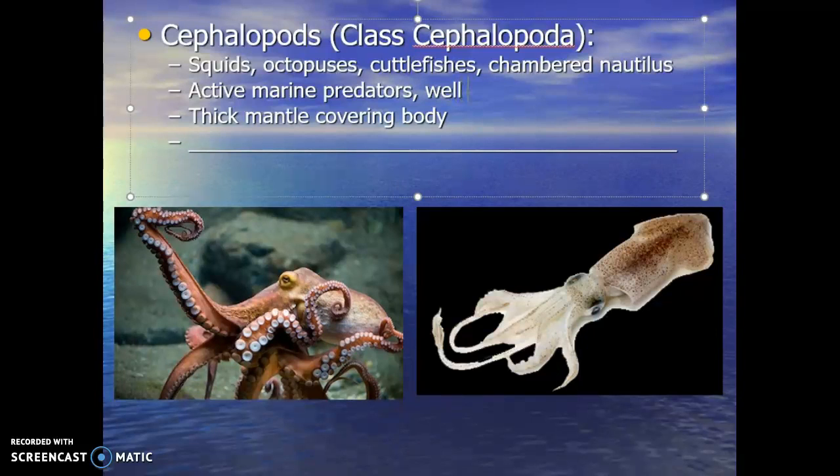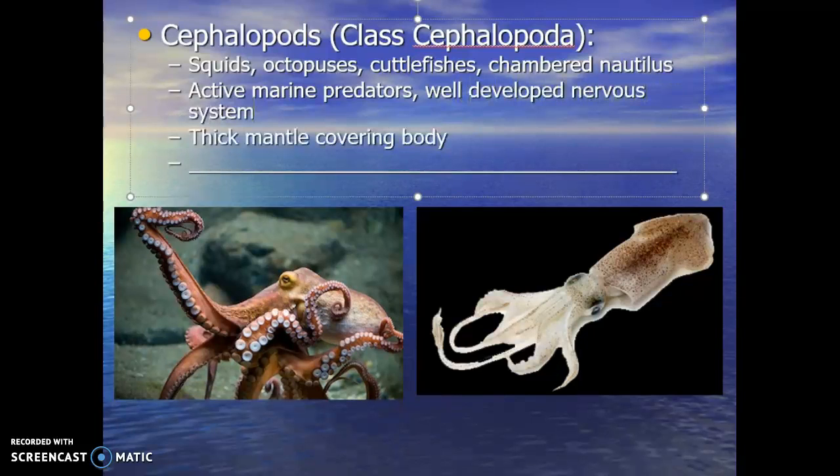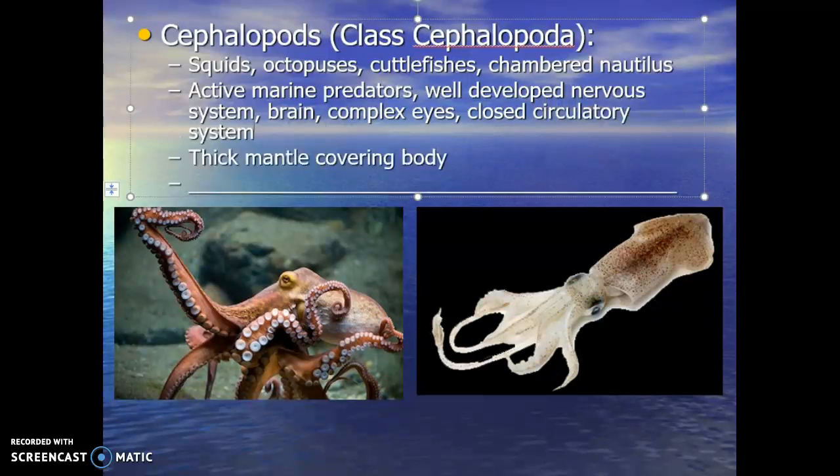They have an incredibly well-developed nervous system. They have a brain. They actually have the largest brain-to-body ratio in all of the invertebrates. Incredibly smart. Complex eyes. They have, again, well-developed sensory structures, and they have a closed circulatory system, meaning highly active animals.